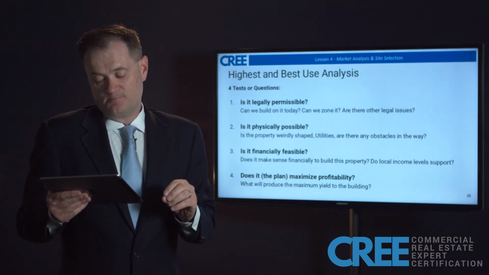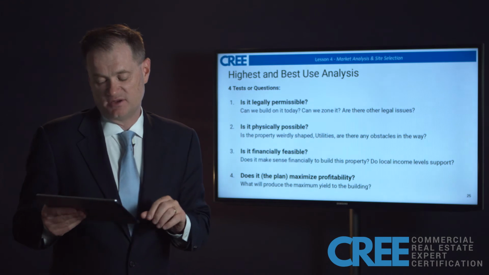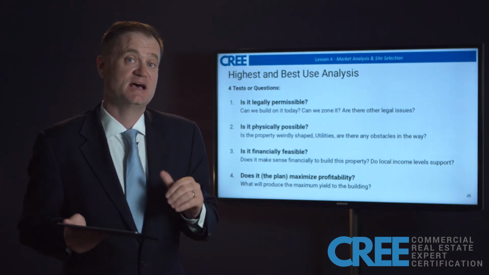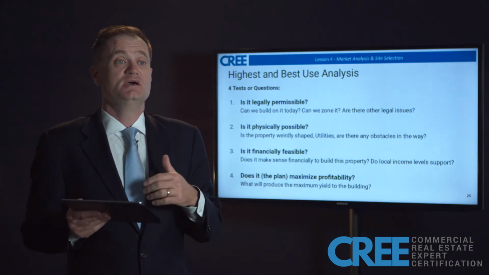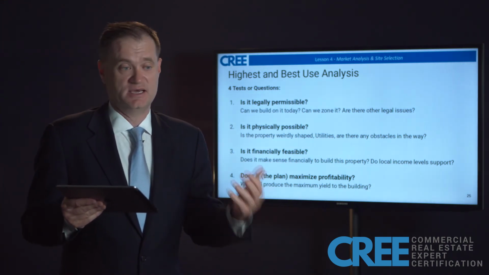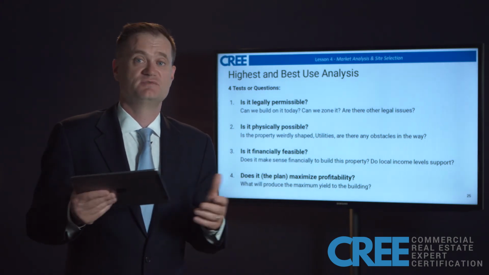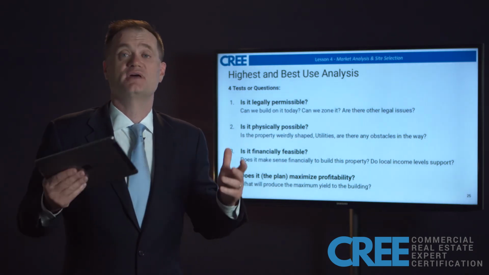And then finally, does the plan maximize profitability? This is a case where maybe you have an existing building that has some surplus land, some excess land that you could build on. Maybe the plan is that you need to expand the building. It's an industrial building on 3 acres and it's 50,000 square feet, and there's room to double in size to 100,000 square feet.